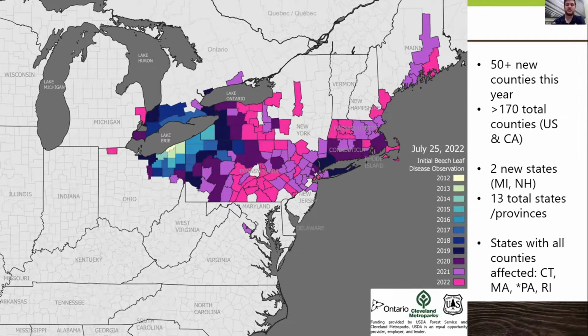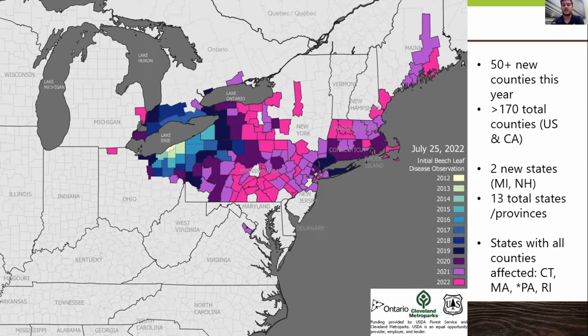And unfortunately this year, this is the mid-year update, and we already surpassed last year's total with over 50 counties added this year. And actually, instead of 2 states, we actually have 3. It's Michigan, New Hampshire, and I just found out Maryland is added to that. So it's actually 14 states or provinces.